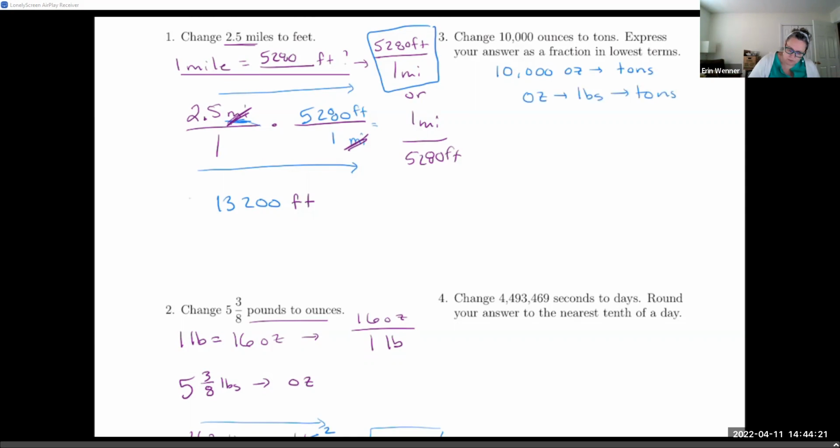So going from ounces to pounds, we know that 16 ounces equals 1 pound, and that 2,000 pounds equals 1 ton. So I want you to go ahead and do that conversion and then send me your answer in a direct message, either as a decimal to 4 decimal places or as a fraction in reduced terms.